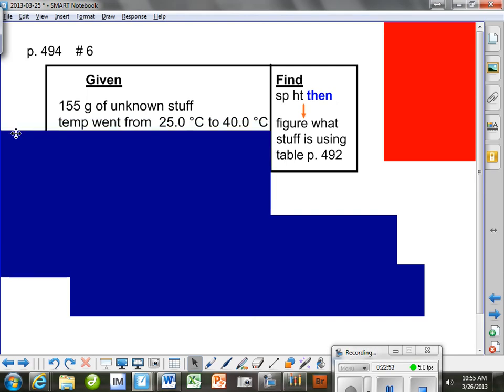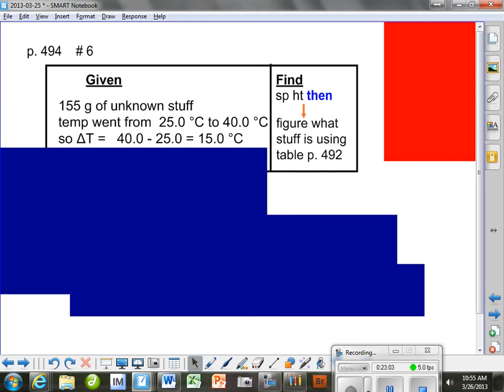Okay, 25. And it went up to 40. So that's our temperature change, isn't it? We would call that a delta T. Okay, so the delta T, just like we did with the temperatures in the gas laws, we're going to calculate that right here as part of our given. Okay, and what else?